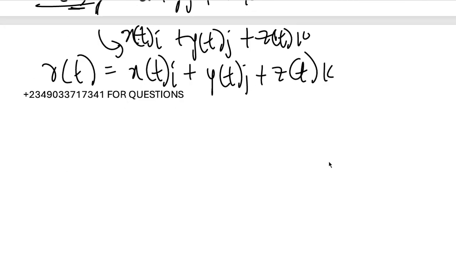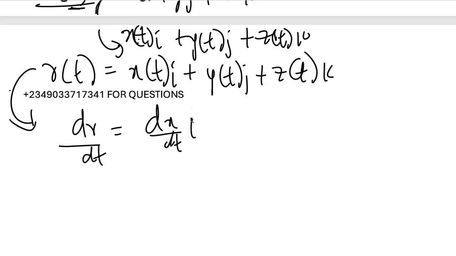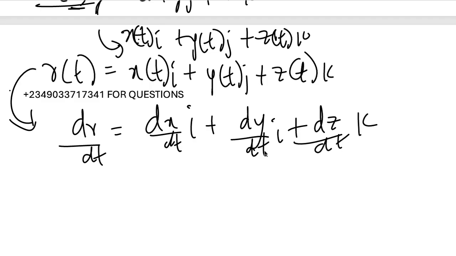The differential of this vector r with respect to the scalar t is simply going to be dr/dt equal to dx/dt i, plus dy/dt j, and plus dz/dt k, right?